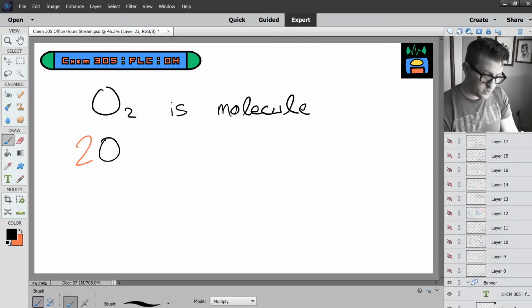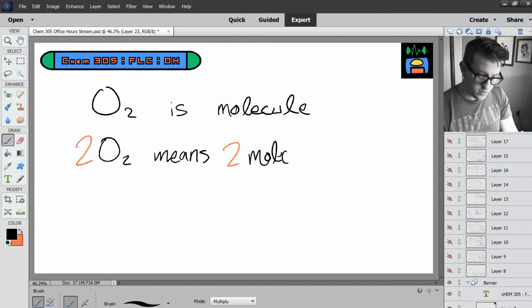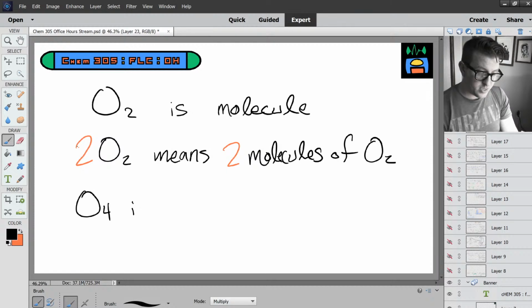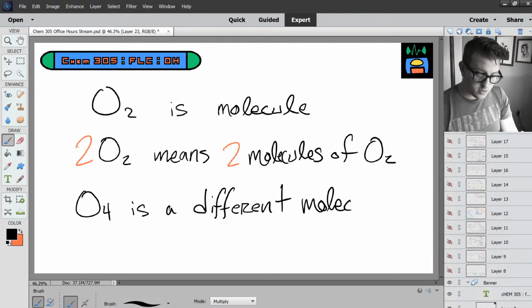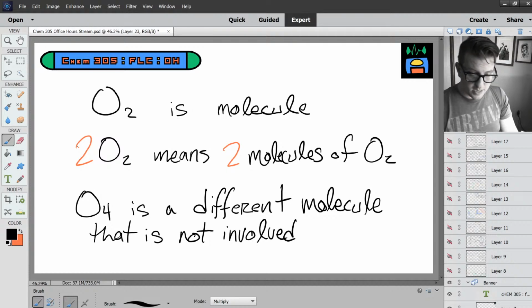Two O2s means that we have two molecules of O2. O4 is a different molecule that is not involved in this reaction.